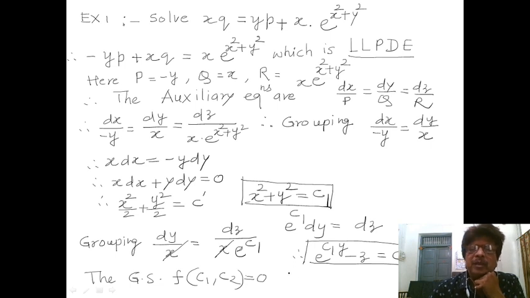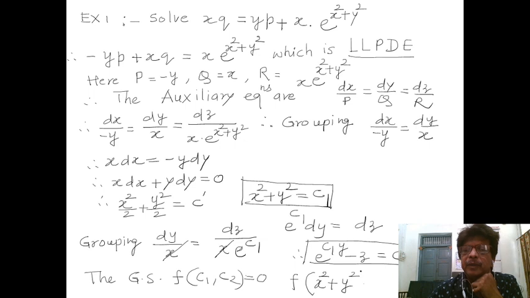So substituting the values of c1 and c2, f of x square plus y square comma e to the power c1 y minus z equal to 0.